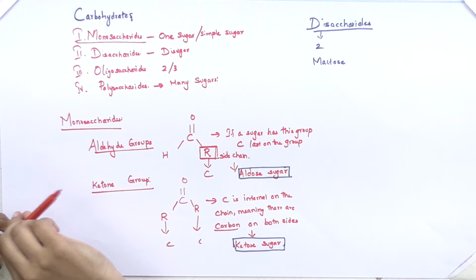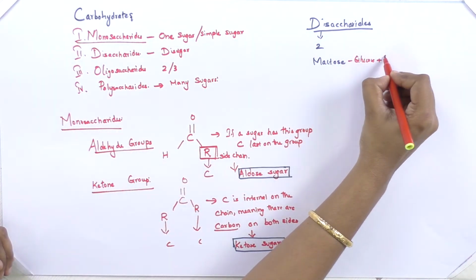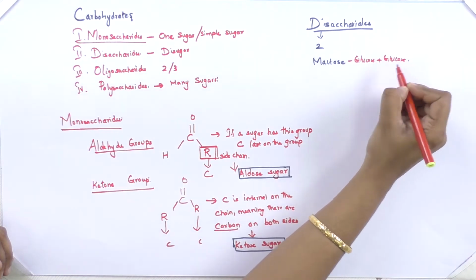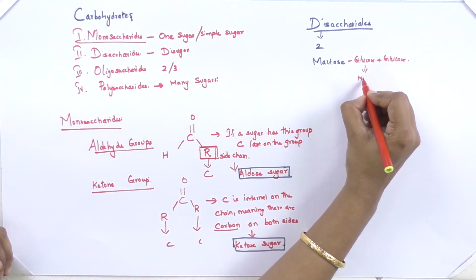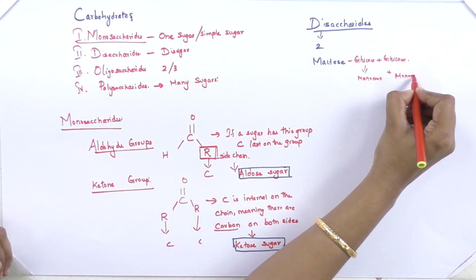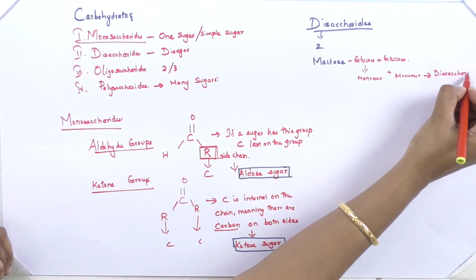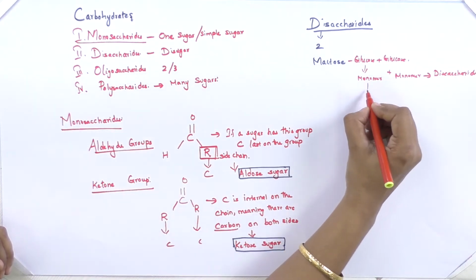Maltose is formed by the combination of glucose plus glucose. So this is a single monomer plus a second monomer joined together to produce your disaccharide.